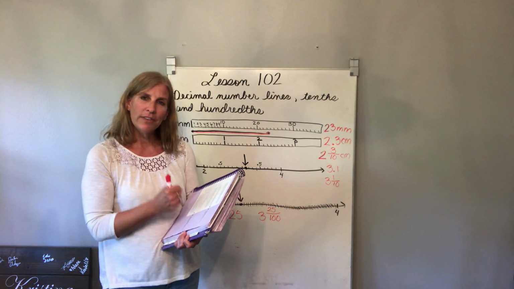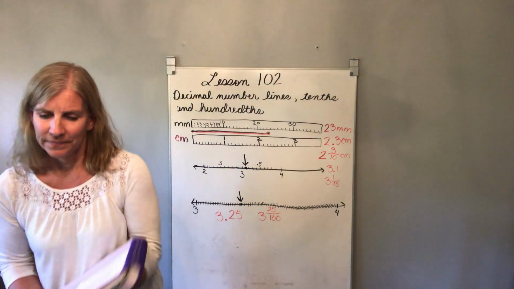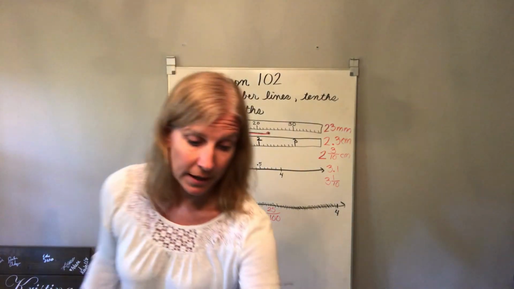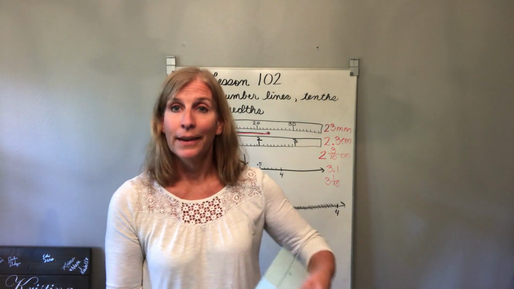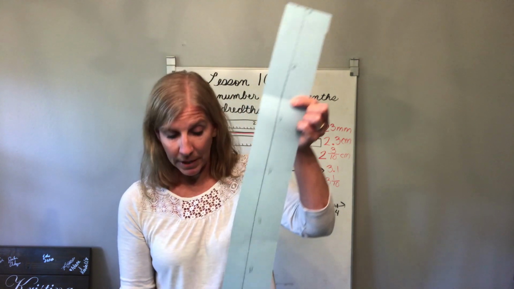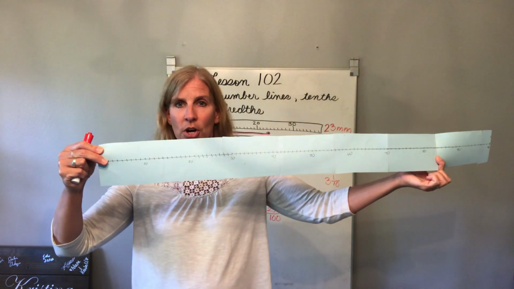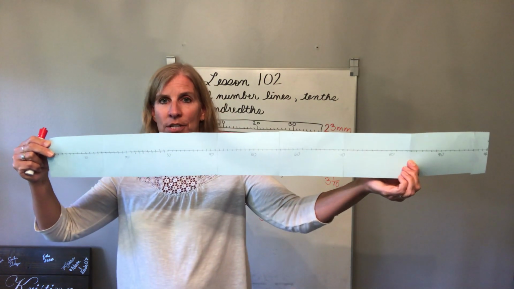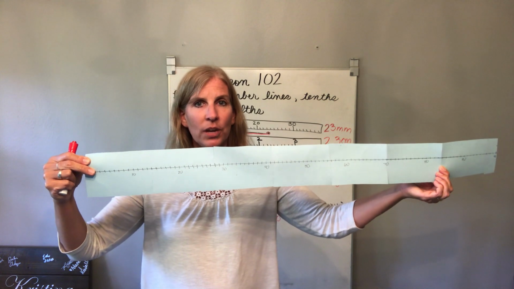Well, we have to think first, how many centimeters are in a meter? I bet that, like me, most of you do not have a meter stick at your house. Well, I made one, and you can make one too if you want to. I taped together some note cards, and I measured out 1 meter. How many centimeters are in 1 meter?